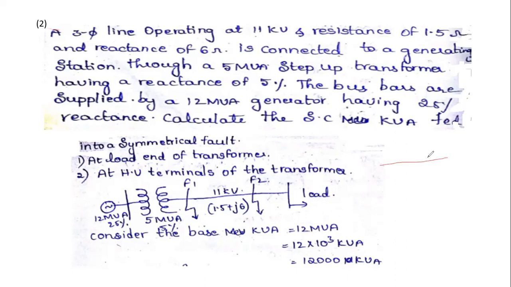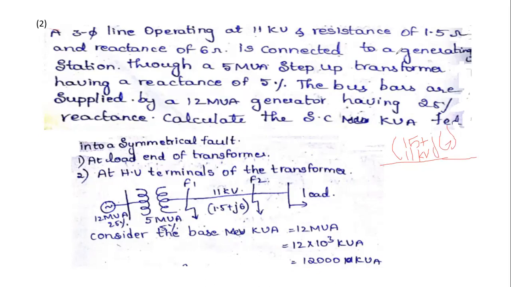This is the 11 kilovolts line, having a resistance of 1.5 and reactance of j6. This is the line.